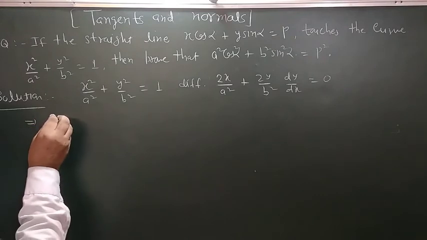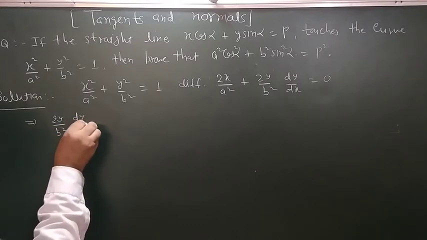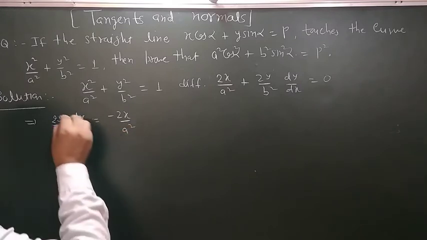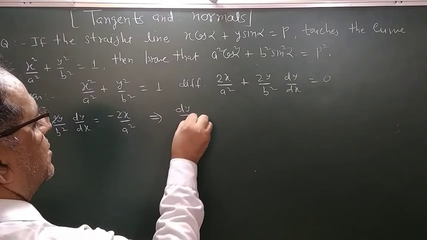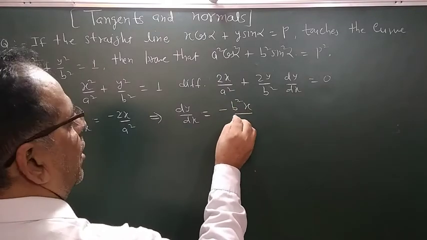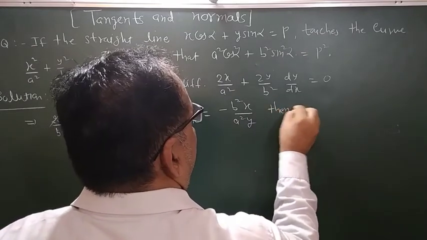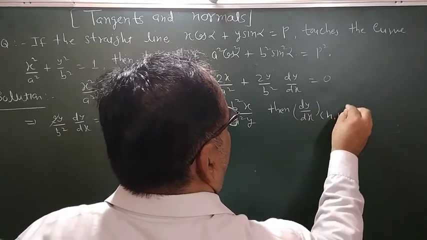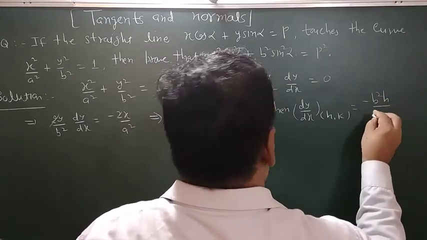That means 2y upon b square dy over dx equals minus 2x upon a square. 2 and 2 cancel out. So now we have dy over dx equals minus b square x upon a square y. Then dy over dx at the point (h, k) equals minus b square h upon a square k.